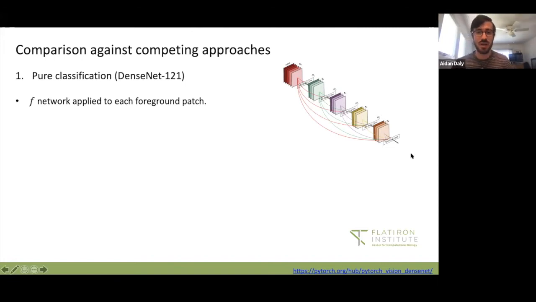DenseNet is actually quite nice because every layer adds to a shared state. And it ends up saving parameters because you don't have to reprocess the input at every single stage. You just pass forward a shared state and every layer adds on a bit more information. So this network is basically applied to just all the foreground patches, bing, bang, boom. That's the patch classification approach.